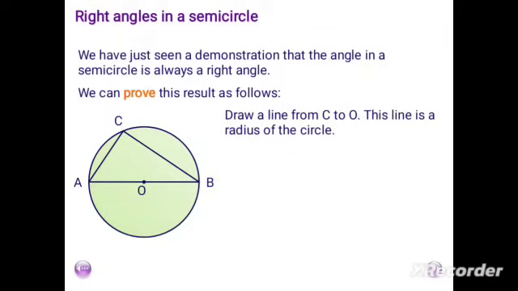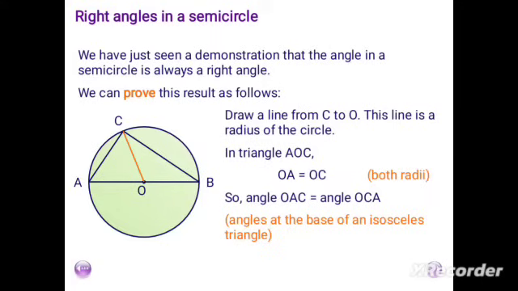We are going to draw a line from C to O. As you can see, this line is a radius of the circle. Now in triangle AOC, we have that OA is equal to OC because they are both radii.